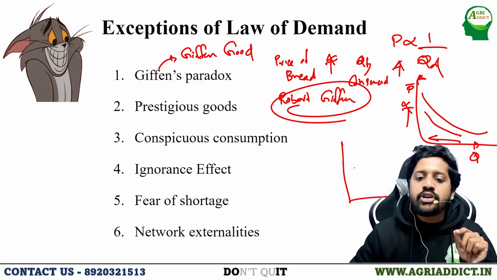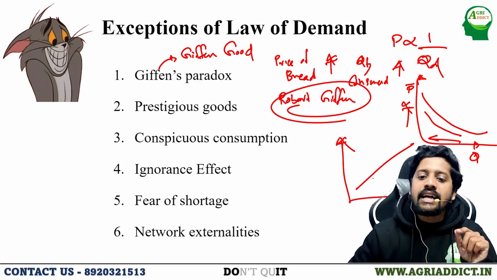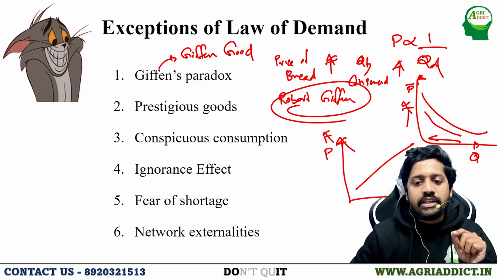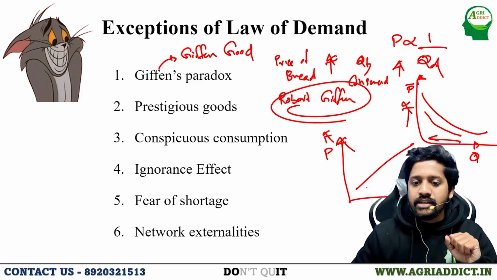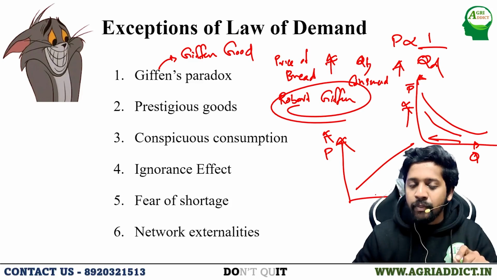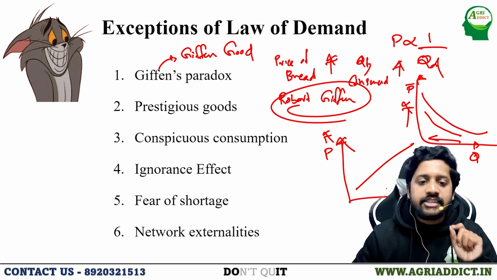The law of demand does not work in the case of a Giffen good, and here the demand curve is upward sloping. That is, when the price is increasing, the quantity is also increasing. So if a demand curve is upward sloping, then we can be sure that the commodity is a Giffen good.